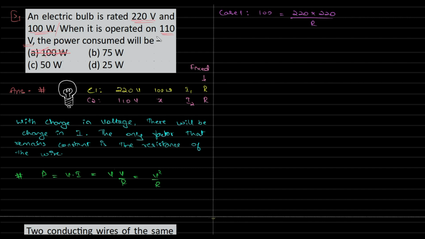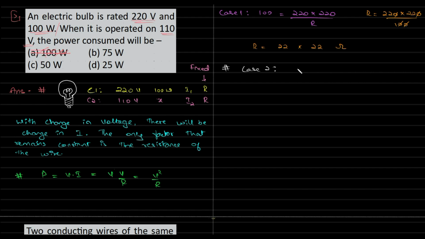So just a matter of crisscrossing. So R is equal to 220 into 220 by 100. 10, 10, 10, 10 gets cancelled. R is equal to 22 into 22 ohm. That's your resistance.